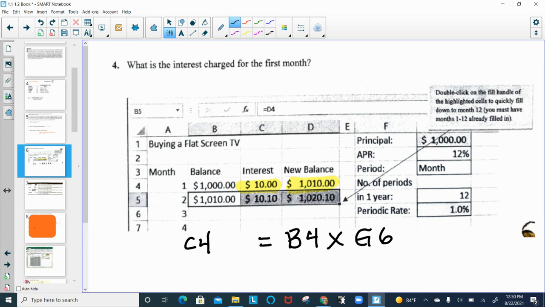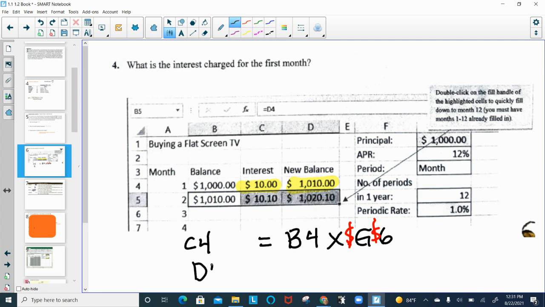But because this is never going to change, what we need to do is put an absolute reference in there for the periodic rate, because that periodic rate's never going to change. It's going to stay 1% all the way. Now for D4, that's a little simpler.